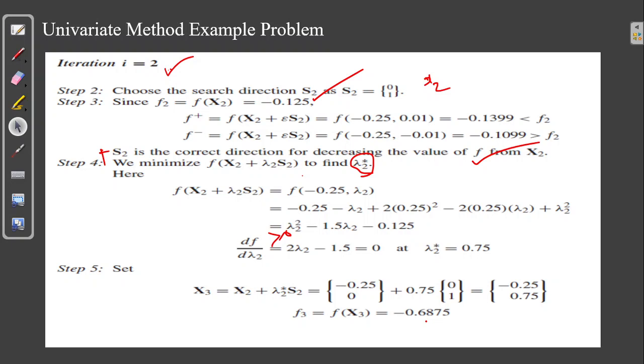But magnitude wise it is not decreasing. Why? Because maybe our search direction is not that correct. That is the problem of this univariate method. Sometimes you will get a value of our objective function which is greater than the previous value. That is a disadvantage, a drawback of this univariate method.